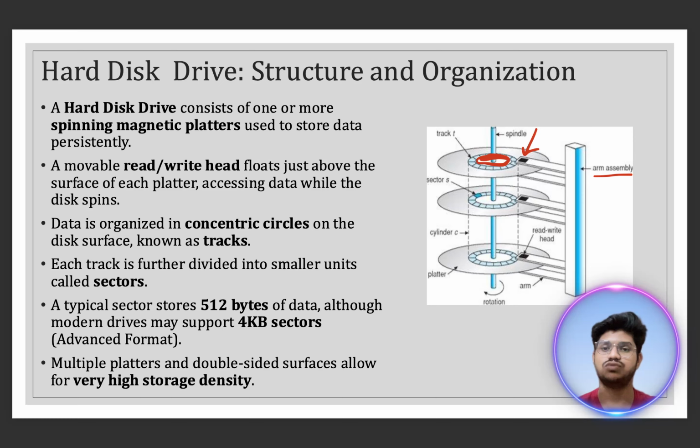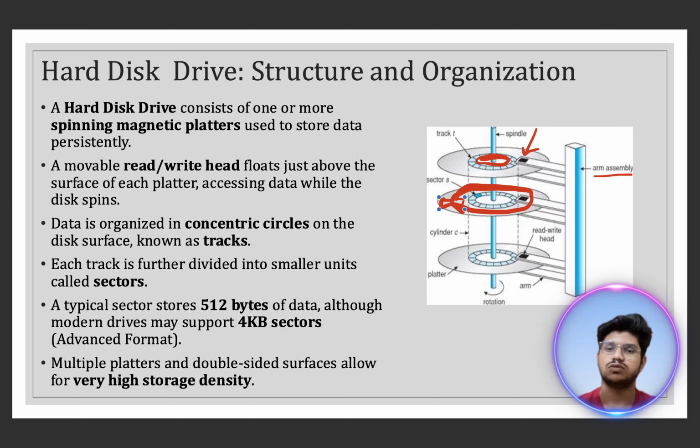So let's say, suppose for example, here is a track. Let's say this is a track basically. It is a kind of concentric circle, okay, and let's say this is a sector. Since I don't have an iPad, my drawings will not be that good, so please cooperate with that.